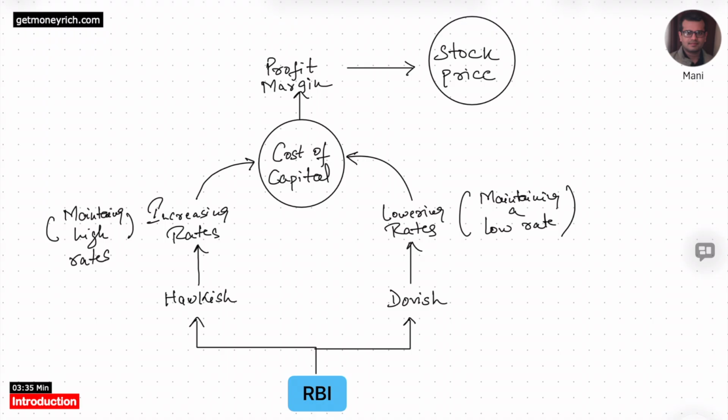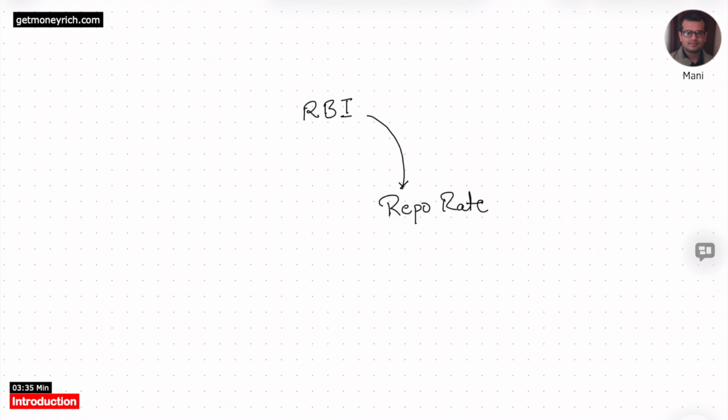So let's see what RBI typically does in Monetary Policy Committee meetings. The first thing that RBI looks at is the repo rate, and any change in the repo rate is done with the objective of controlling inflation. And why does RBI want to control inflation? Because by controlling inflation, they can in turn control the GDP growth rate of the country.